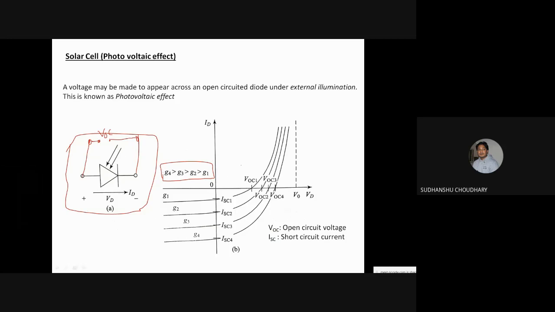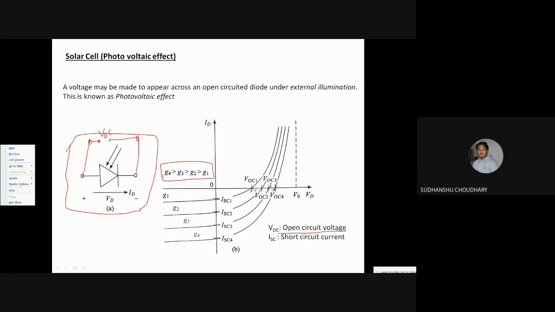Then we mark these 4 points on the diode voltage axis, and these are open circuit voltage points, that is VOC1, VOC2, 3 and 4. VOC means open circuit voltage, which is the voltage when the diode current is zero. All these points are selected where the diode current is zero.